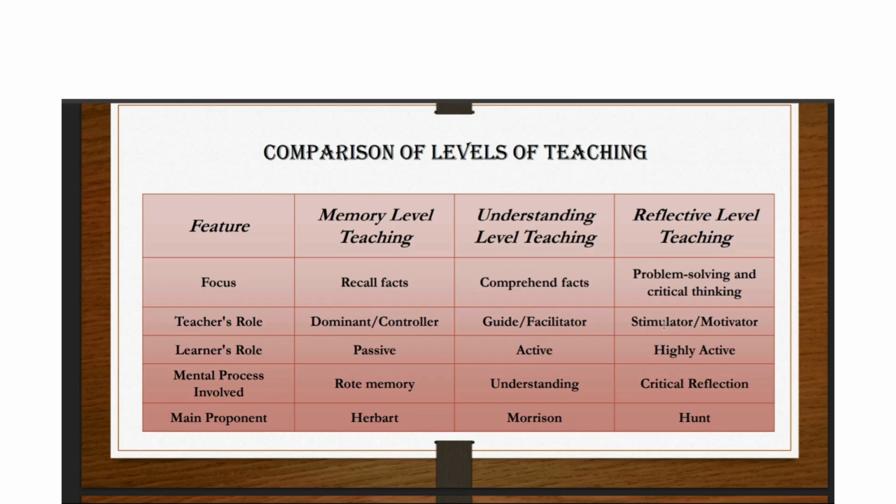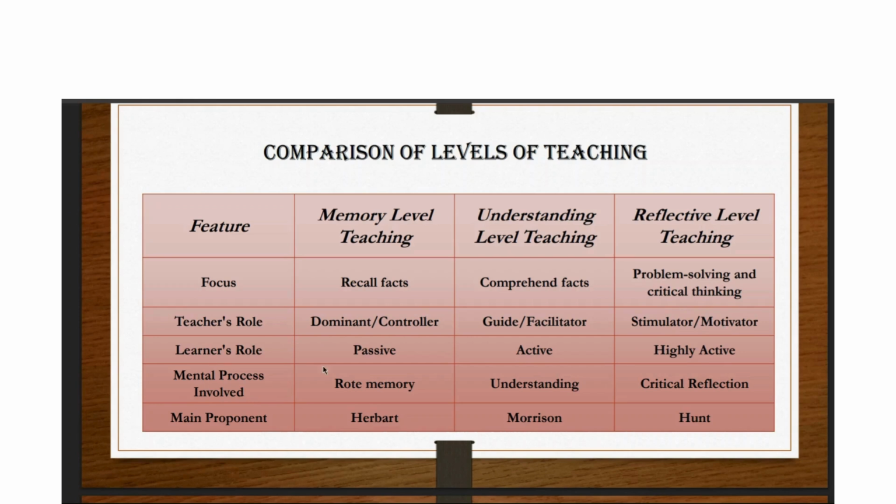Whereas in reflective level, we have to solve problems, and this knowledge will be applied to different problems to solve them. So the teacher's role is stimulator and motivator. The teacher motivates in the reflective level of teaching.